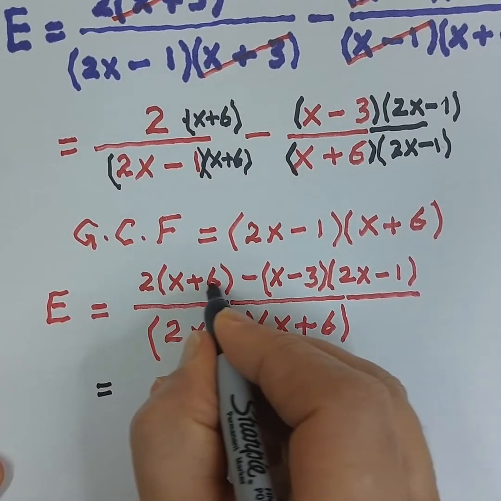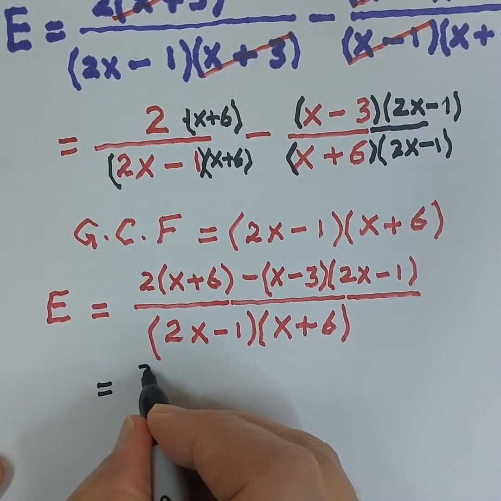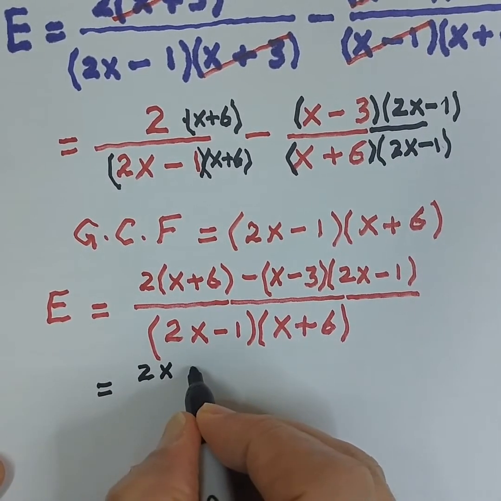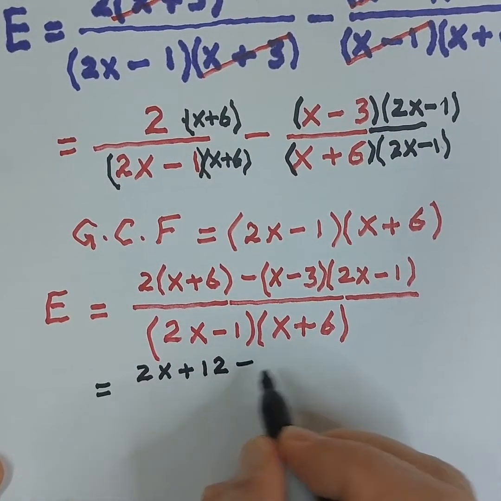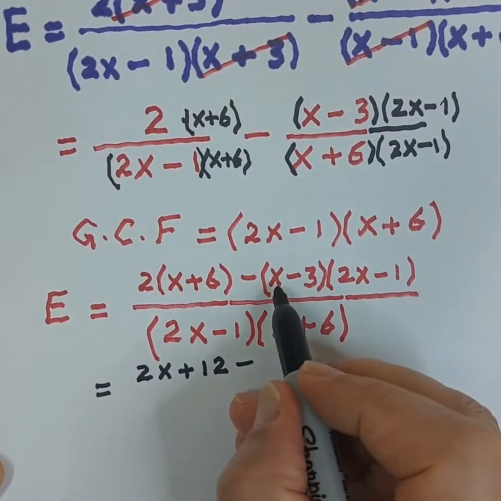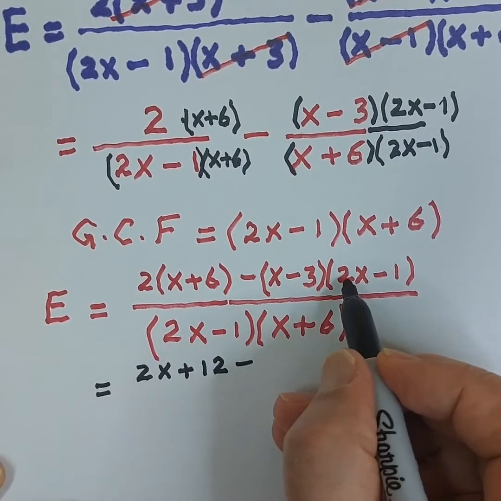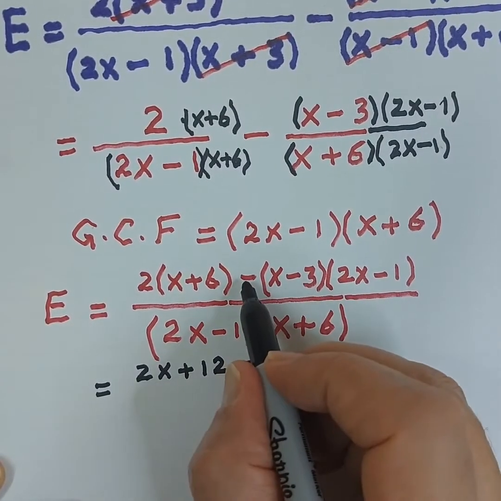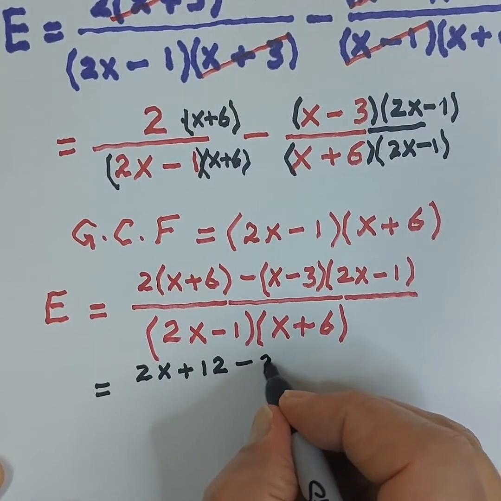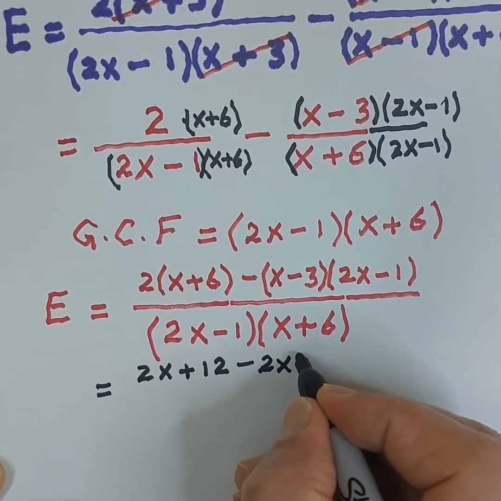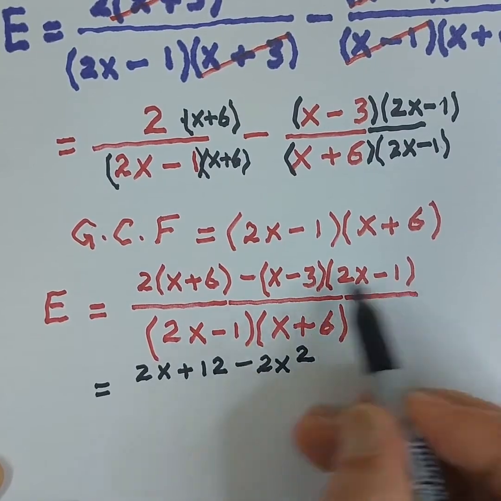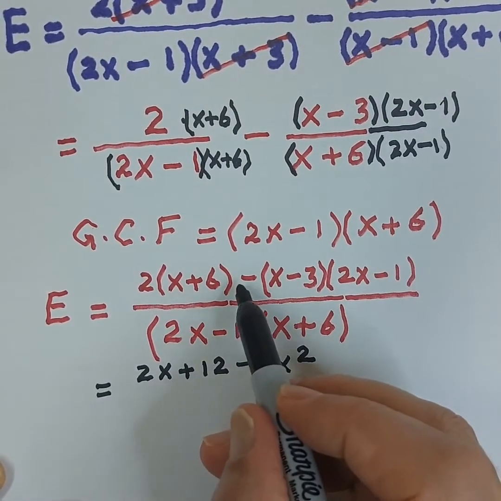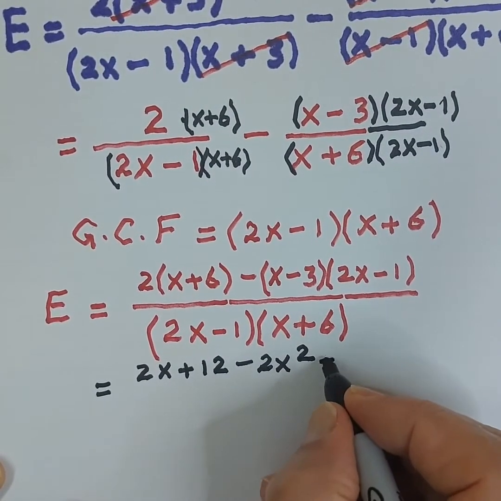Multiply 2 by what is inside the brackets, so 2x plus 12, minus. Multiplying those together will give you x times 2x, that means 2x squared, and it's minus, so minus 2x squared. Then x by minus 1, that means minus x, and here minus, so it will be plus x.